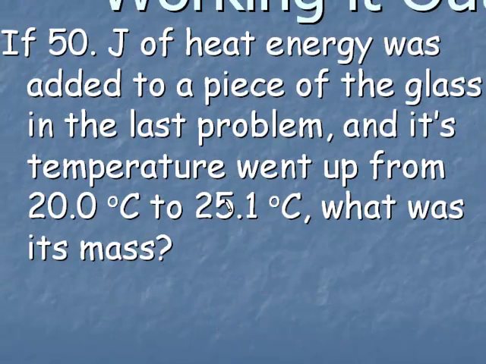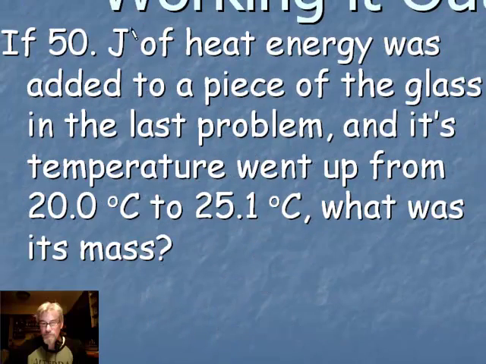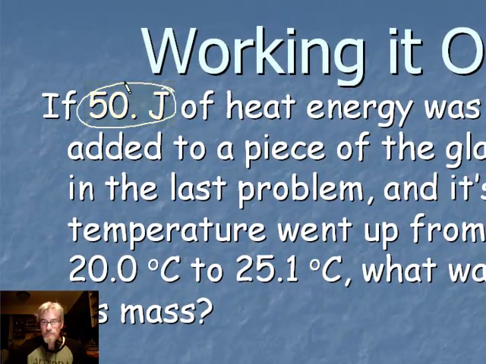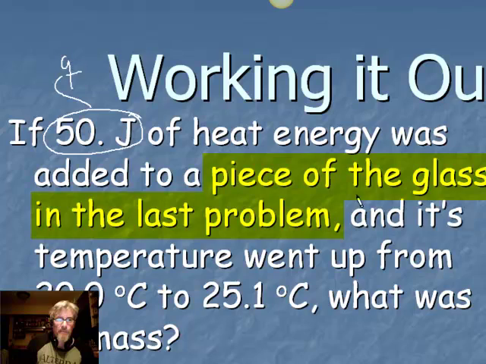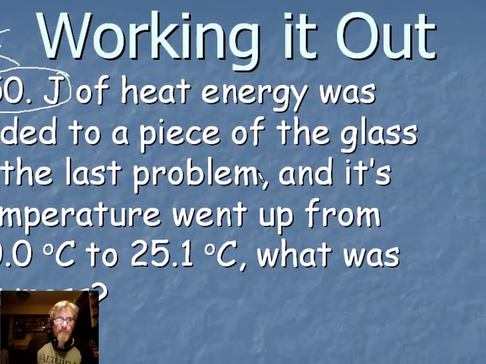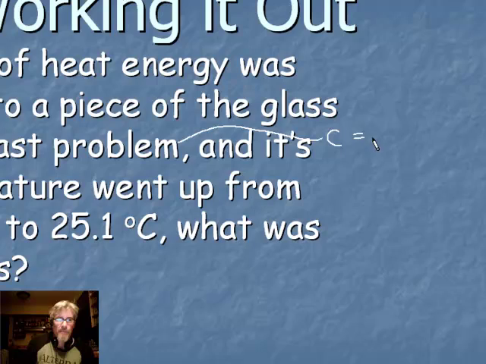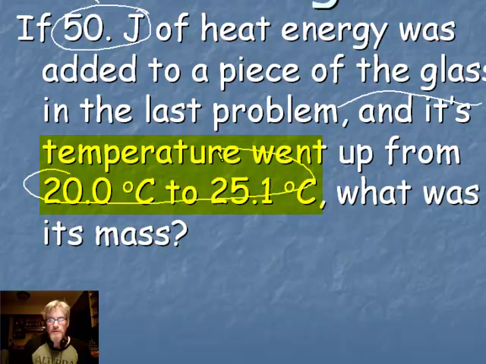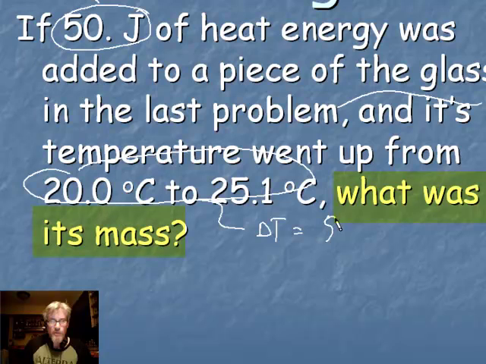Try this one. So let's go through and analyze the problem. 50 joules, that's Q. The piece of glass in the last problem, okay, here's what we know about that. C is 0.20 joules per gram per degree C. Temperature went up from 20 degrees C to 25 degrees C. Well, that's a temperature change, and it's 5.1 degrees C. What was its mass?